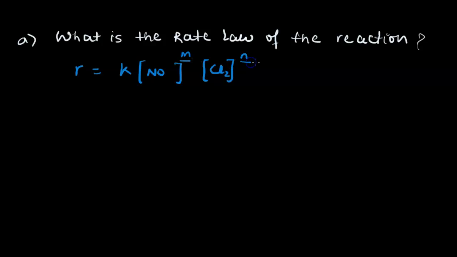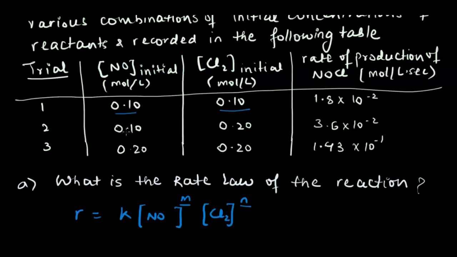How do we determine M and N? To determine the orders, we look at the initial concentrations of the reactants and compare them with the rate of production of NOCl. If we want to determine M, the order of NO, we check in the table where Cl2 is constant.